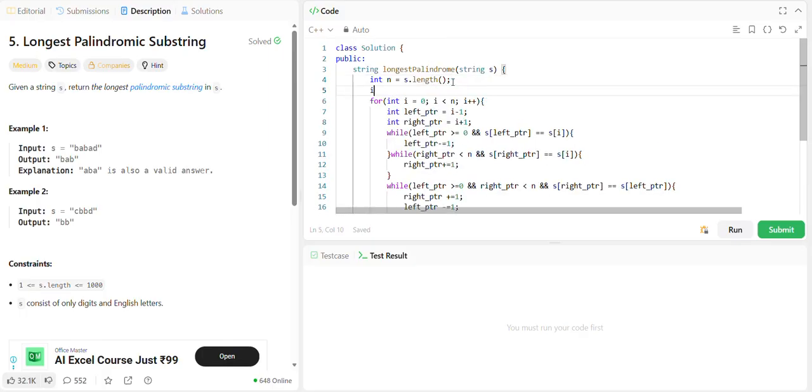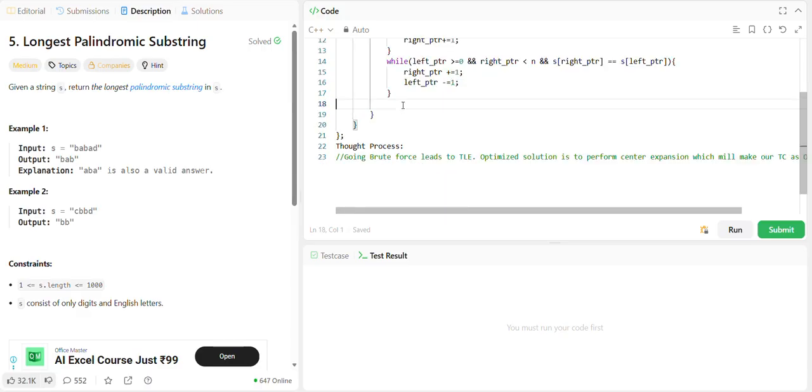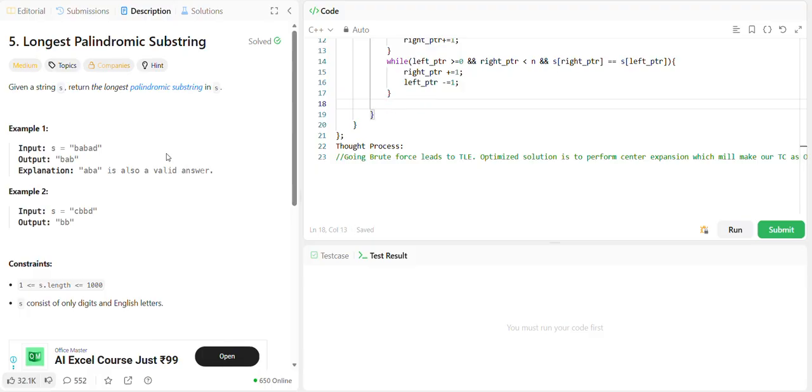And we will have something called mx length, which will be defined as 0.